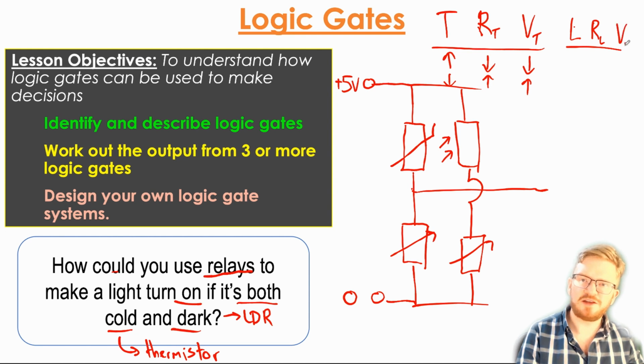Well, when the light level is high, then the resistance will be low, and the voltage will be low. When the light level is low, the resistance of the LDR will be high, and its voltage will be high. So I also want to take the output voltage from the LDR as well. So now I have these two separate devices where I have voltage from my thermistor, and I have a voltage from my LDR.